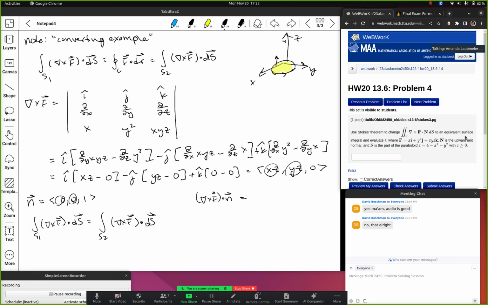So those two terms go to 0 because of the zeros in the normal vector. And then the last term is 0 in del cross F dotted with 1, so that gives us 0 again. So no matter what the bounds are, we're setting up a double integral of 0 over the area, which is going to be 0. So you don't have to set that up. It would be unnecessary to do that.